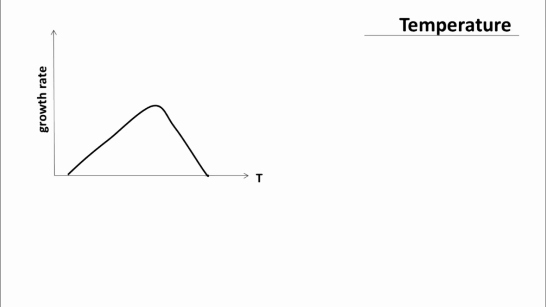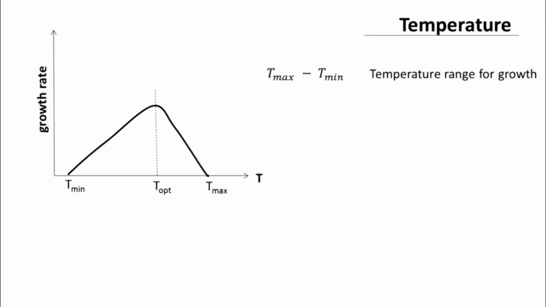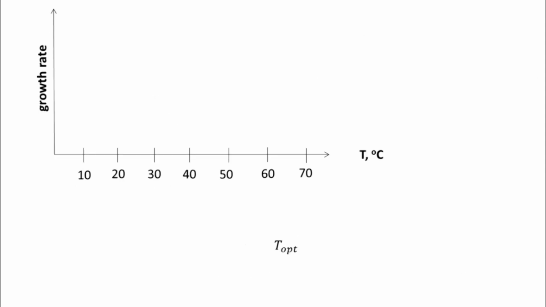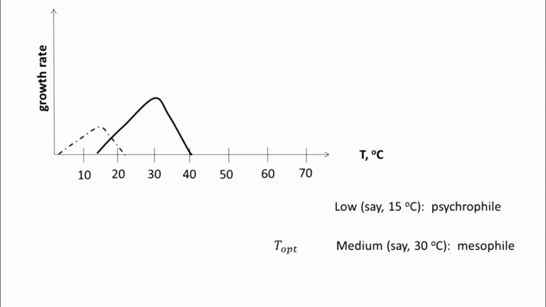We had seen some details of temperature, the kind of organisms, depending on whether their temperature range of growth is narrow, stenothermal, or broad, eurythermal, and whether the organism is mesophilic, depending on its optimum temperature around 30 degrees C, whether it's psychrophilic, optimum temperature 15 degrees C, or thermophilic, optimum temperature 60 degrees C.